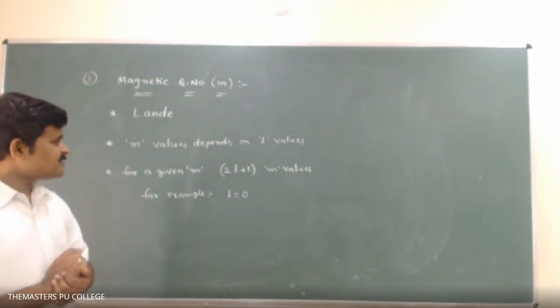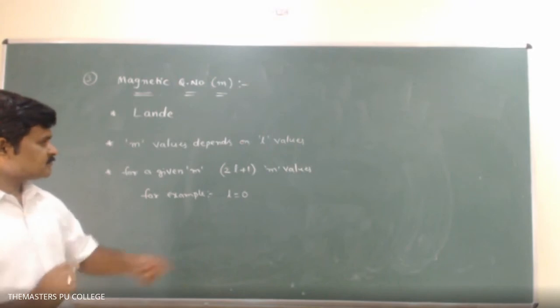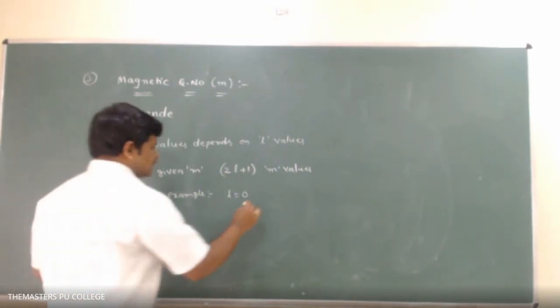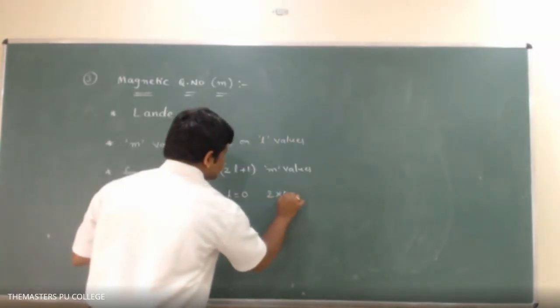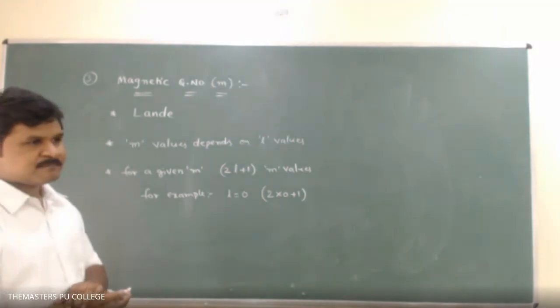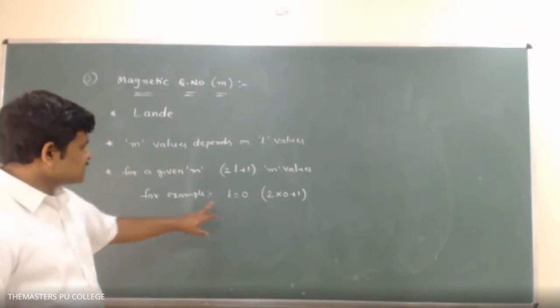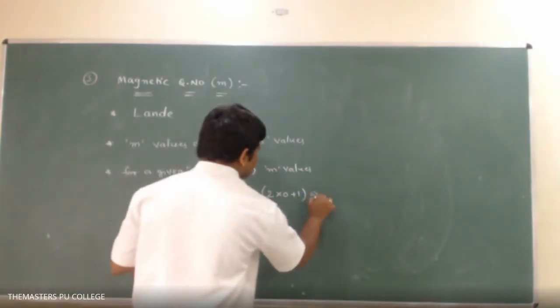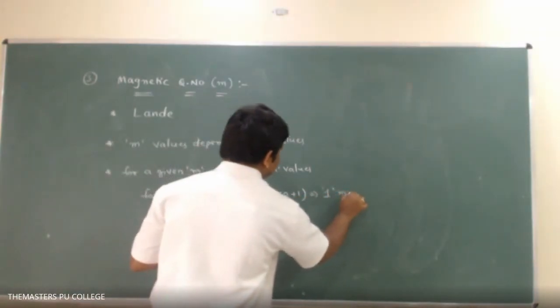How many m values are possible? 2l plus 1 m values are possible. For l equal to 0, 2 into 0 plus 1 is equal to 1 m value possible.